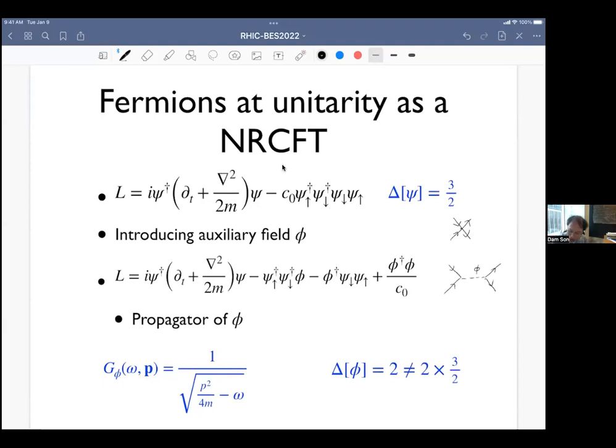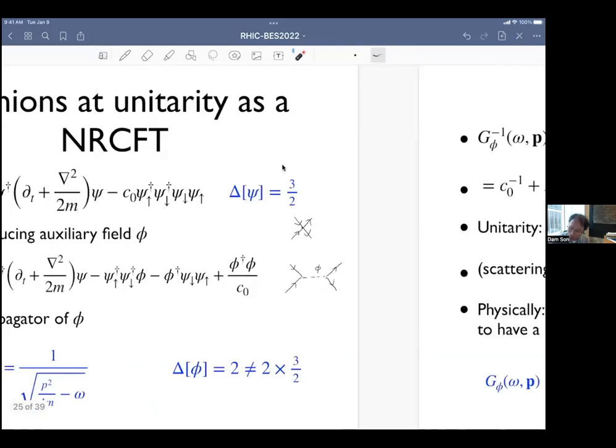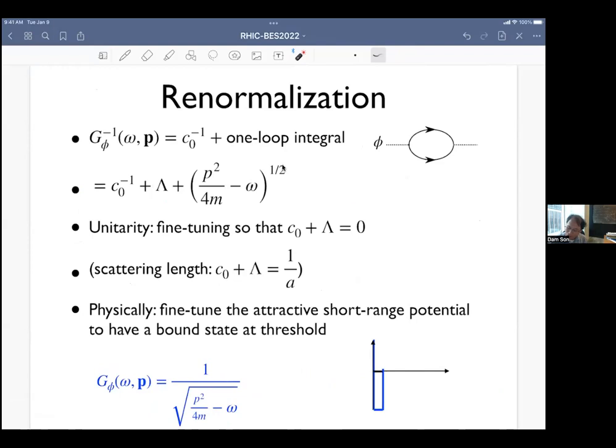But we can use the Feynman rules to compute the full propagator of phi. So the full propagator of phi turned out to have non-trivial behavior as a function of momentum space. Let me show you how to compute it. The full propagator of phi depends on the one loop graph that contributes to its self energy.